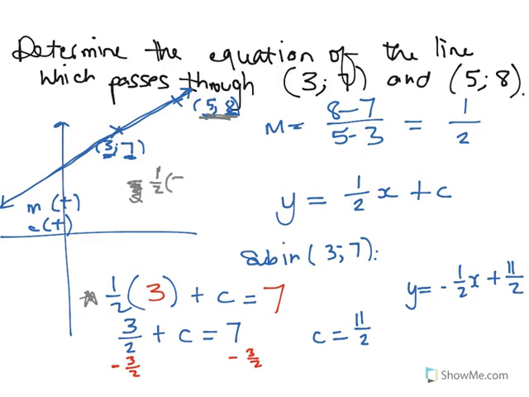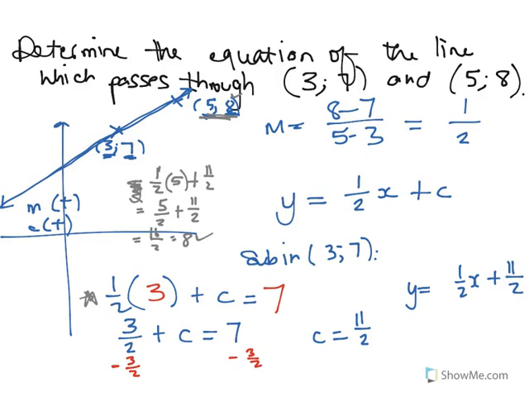So when my input is 5, what is my output? That is the question. So we'd have 5 over 2 plus 11 over 2, which is 16 over 2, which is 8. And that is the output that we expected.